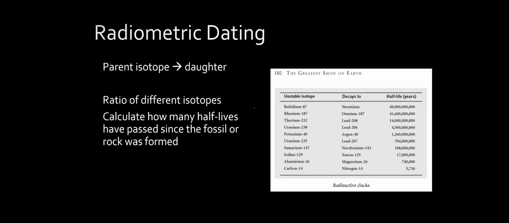Then we can find rocks that possess these various elements and measure the relative ratios between them, because that ratio is locked in when the rock is initially formed.